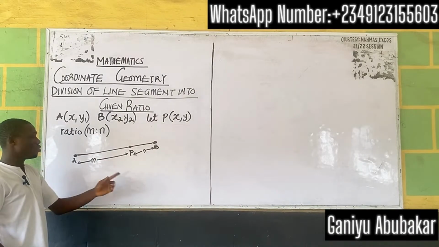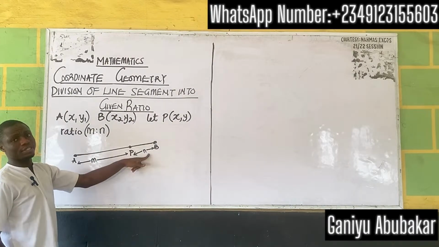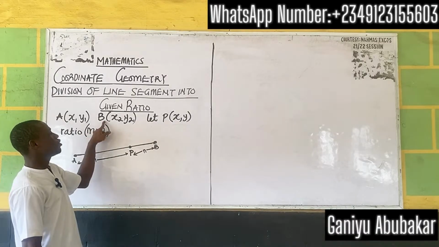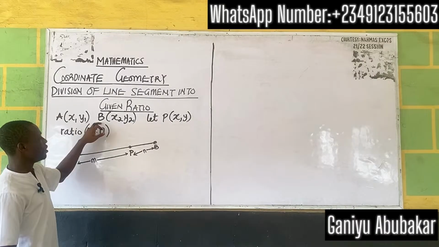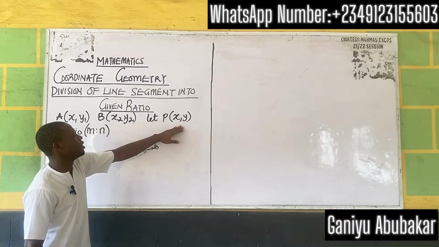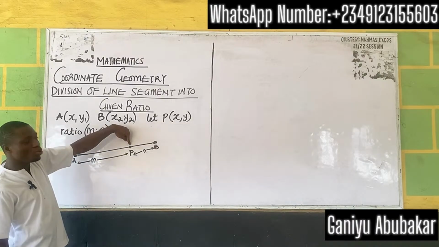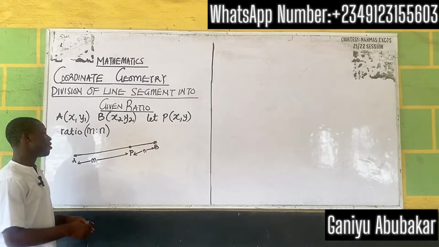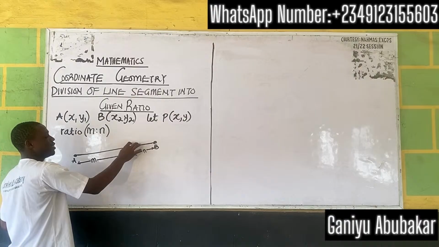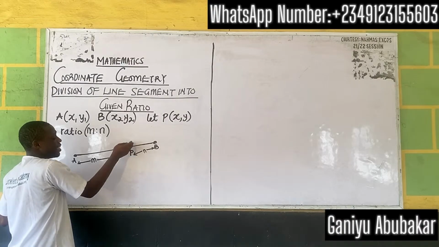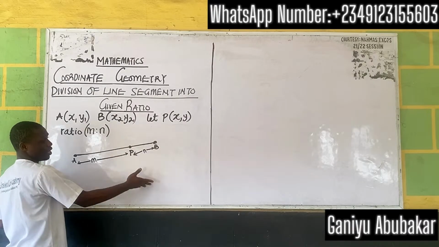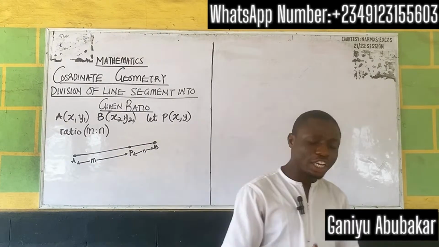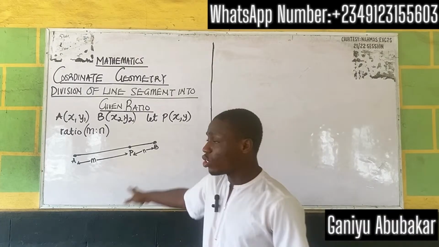They will give you a ratio, for instance m/n, and given 2 points A and B, let this point P be the point at which the ratio is divided, the point that separates the two ratios from each other. So here's the technique and idea. When it comes to dividing a line into a ratio, don't doubt, you're using this concept here.